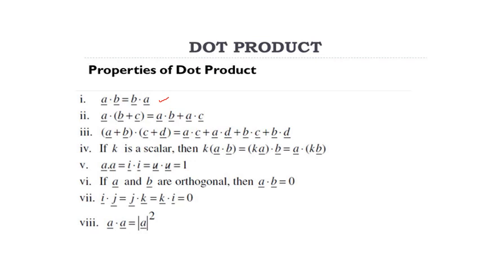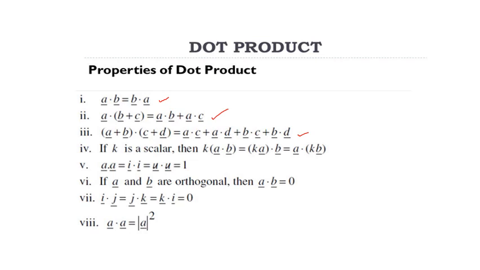And second property, a dot (b plus c) equal to a dot b plus a dot c. Second is over. Third, (a plus b) dot (c plus d) equal to a dot c plus a dot d plus b dot c plus b dot d. So this dot product obeys distributive law.